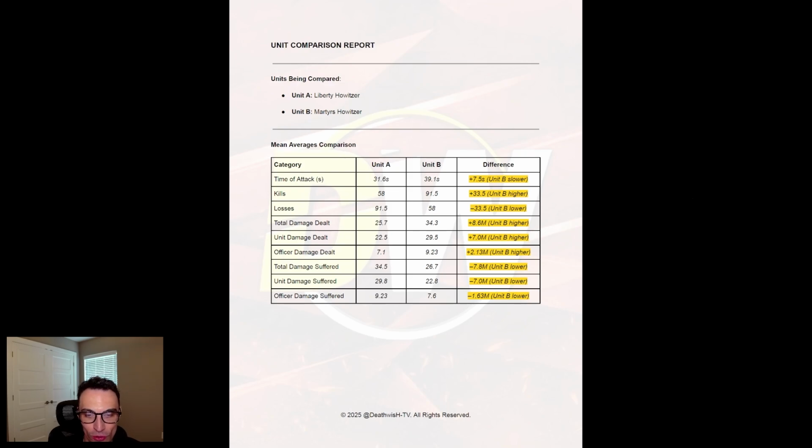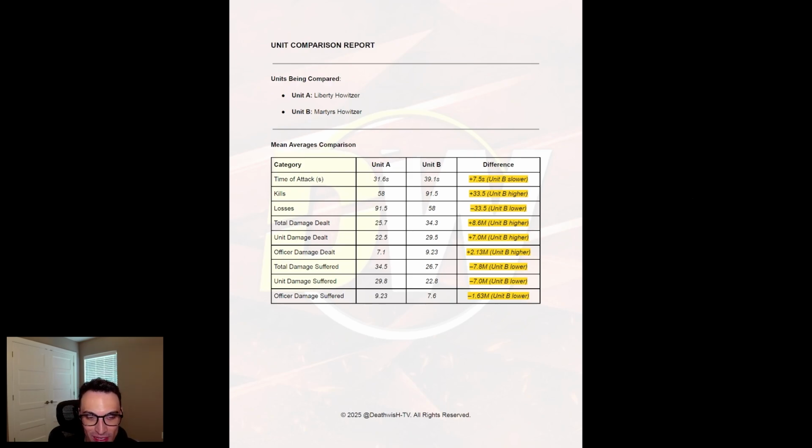Now moving on to total damage suffered. The average total damage suffered for the Liberty was 34.5 compared to 26.7 for the Martyrs Howitzer. So on average, the Martyrs Howitzer took 7.8 million less overall total damage compared to the Liberty Howitzer.